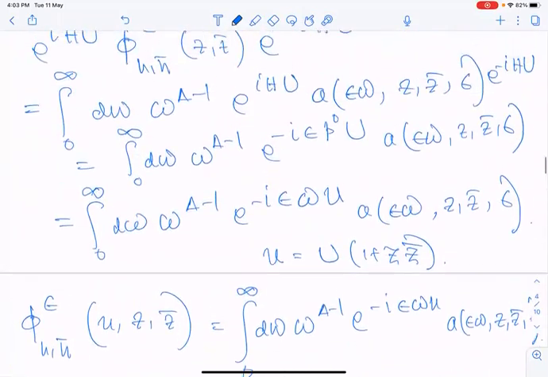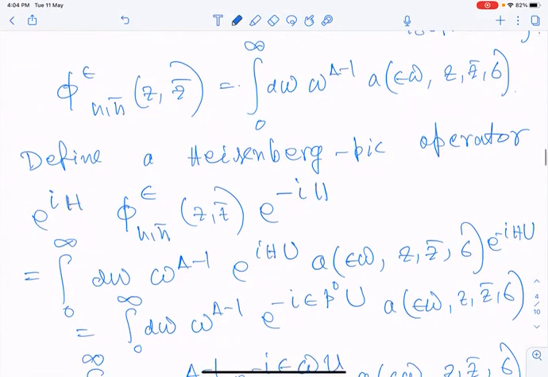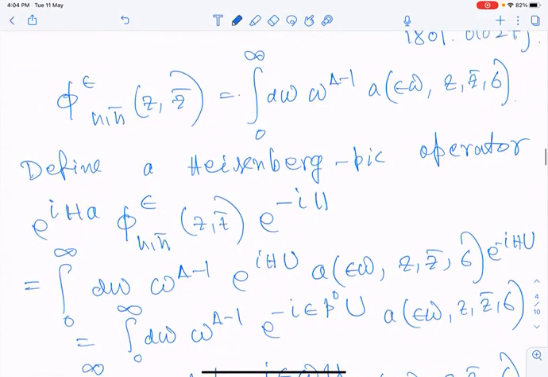So these are just Heisenberg picture fields. So you can look at this transformation. Let me use a different notation. Suppose I write some U_H times A. So it is just a name.